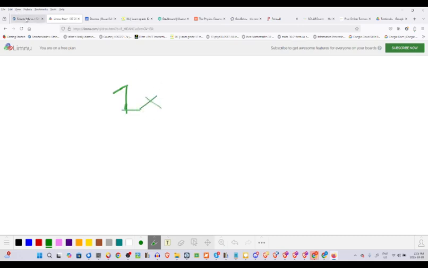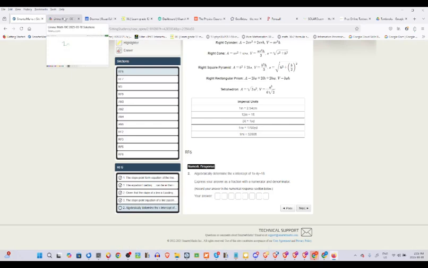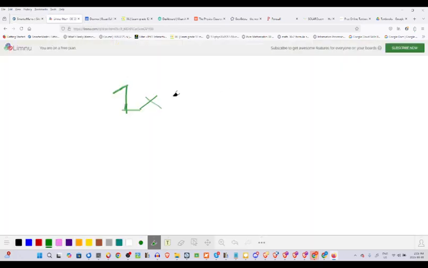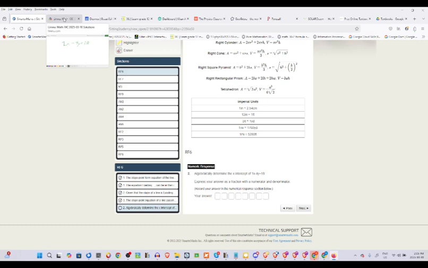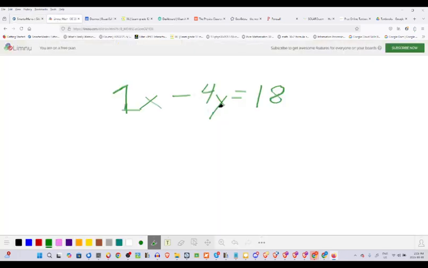So on a numeric response diploma where you hand in the bubble sheet and your question booklet gets mulched before anyone even runs your bubble sheet through a Scantron, you can do it any way you want. They do not mark process on multiple choice and numeric response on the diploma exam. So we're looking for the x-intercept. That's what happens when y is 0. So if y is 0, we have 1x equals 18.